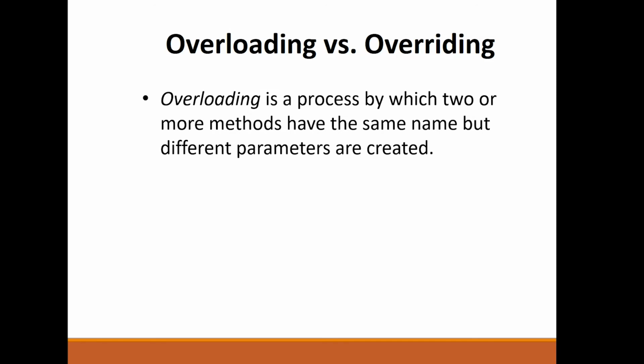For example, it's what we use when creating constructors, 'di ba? When we create constructors we usually have two or more constructors with the same method names, but each one has a different type or number of parameters. Okay? So that is overloading.